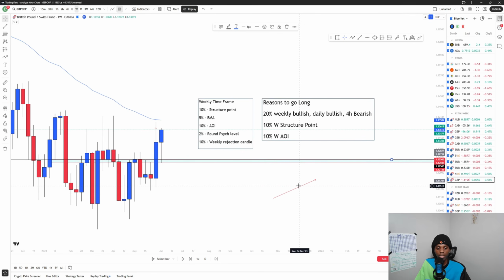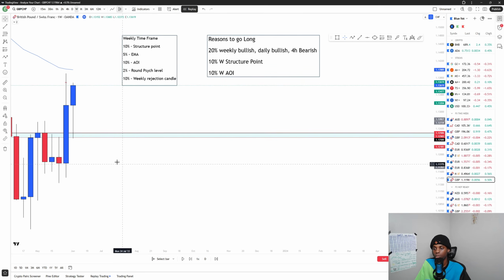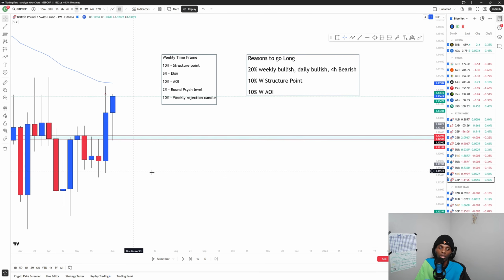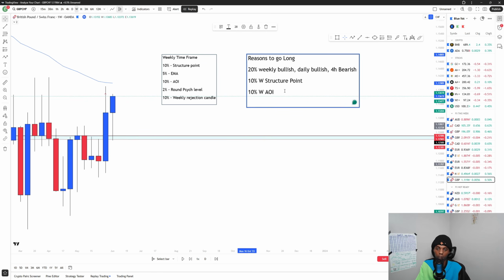The question is, is the weekly time frame rejecting off of the round psychological level 500? The answer is yes. We wicked into it before taking off, so yeah, I'm gonna type that up. Weekly time frame is rejecting off of round psychological level 500. That's how I say the number. I don't say 1.2 whatever that is.